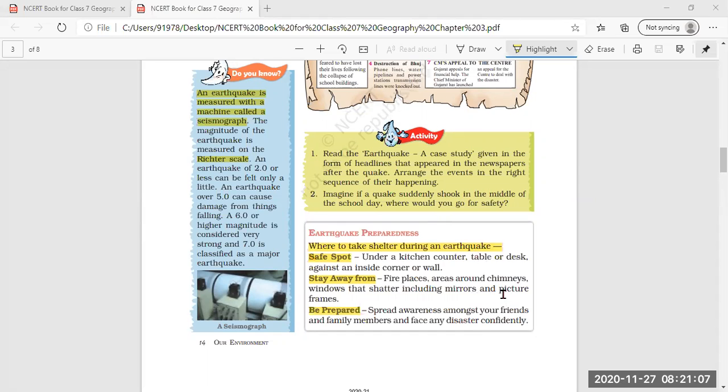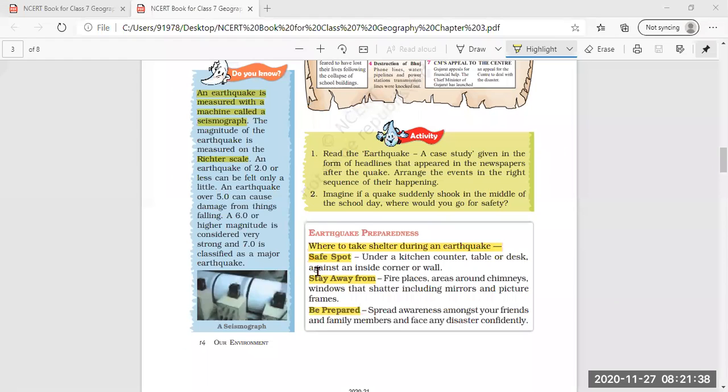If there is a chimney in your house, you have to move away from it. Also stay away from windows that may shatter, and if there are any mirrors or picture frames, you have to be away from those things also, so that there is less and less damage to your life.